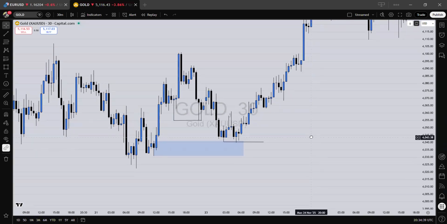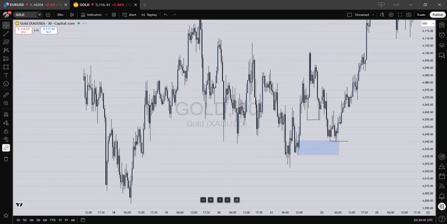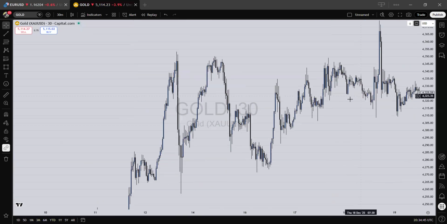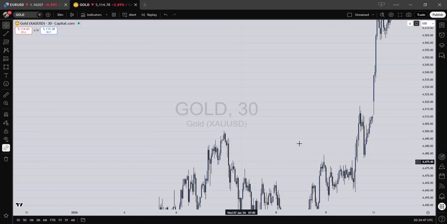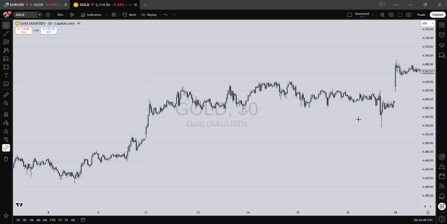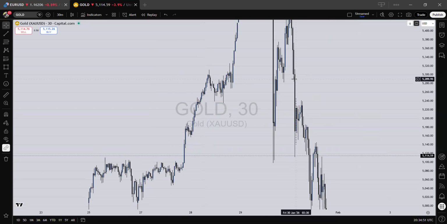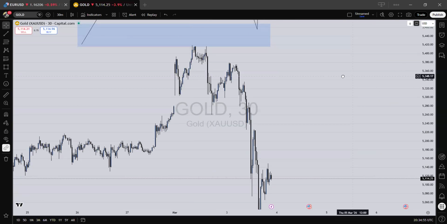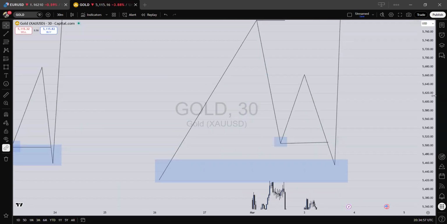Having established that, price can engineer liquidity more than once. If you look at these examples that I showed you, let's go back to where we are drawing.